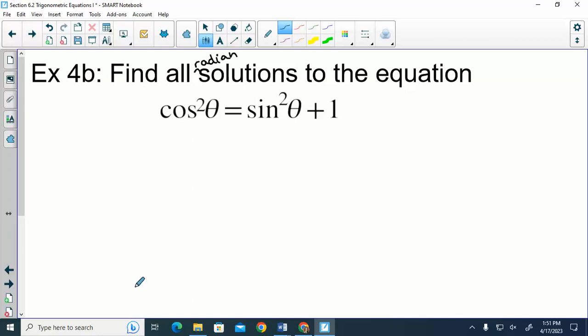What would we do here? How is this one different than the others? Two different trig functions. Do they have a greatest common factor or anything? No. But we've done identities. Yeah, pull out those flip charts.